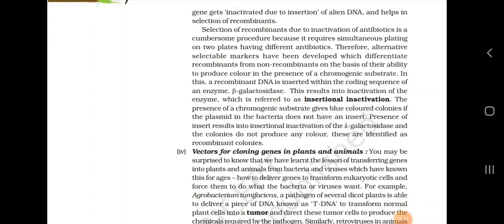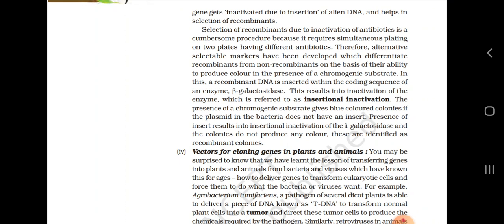Students, today we will continue with the chapter Biotechnology: Principles and Processes. In this chapter we have already covered the introduction, the restriction enzymes, their details, naming and working.